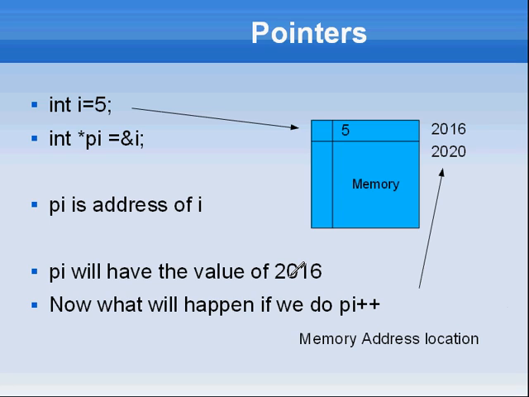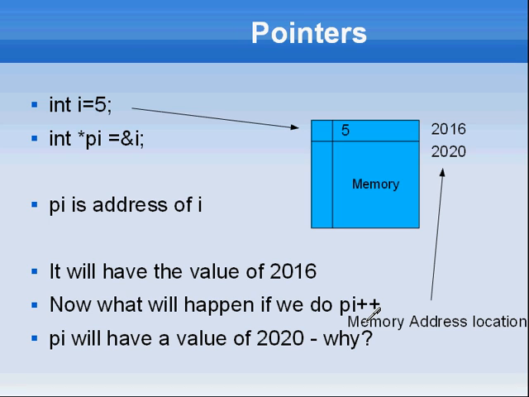Now what happens if we do pi plus plus, that is, we increment pi? Think about it. pi in this particular case will have a value of 2020, that is 4 bytes in advance. Why 4 bytes?